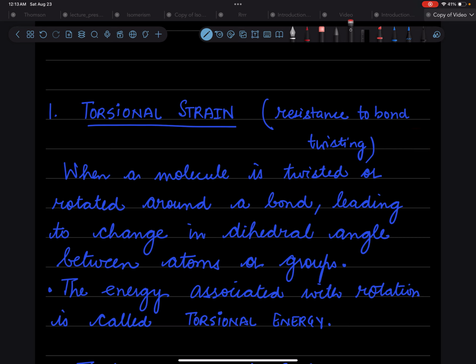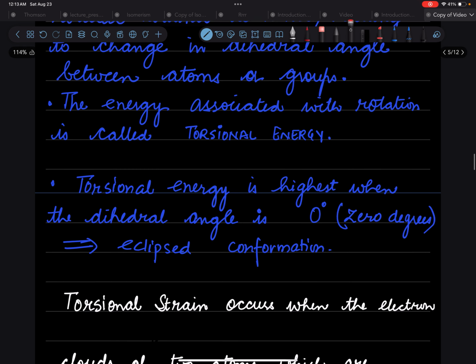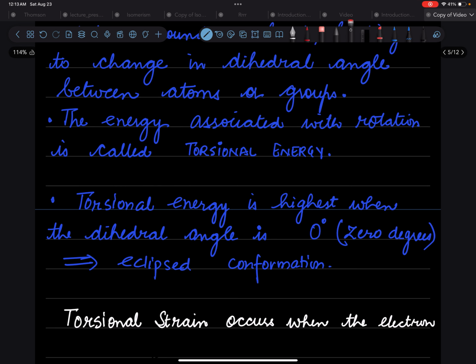On similar lines, due to certain reasons, when the molecule is twisted or rotated around a certain bond, its energy increases, and that energy is called torsional energy, right? Because of it, the molecule becomes unstable. This energy is highest when the dihedral angle is 0 degrees. Most of the time this happens when you have an eclipsed conformation, right?